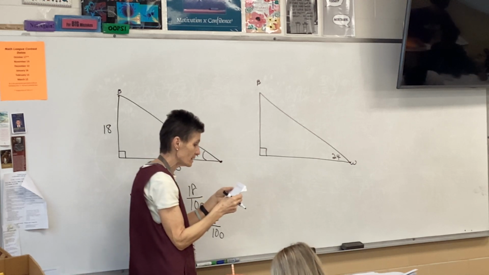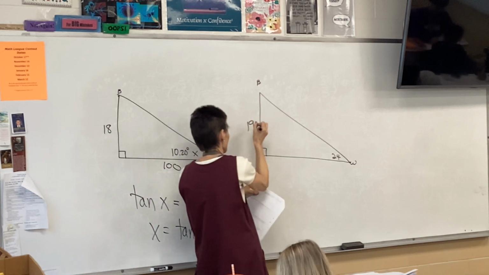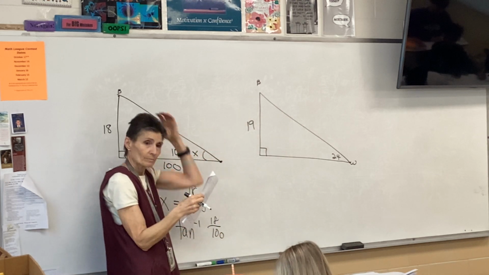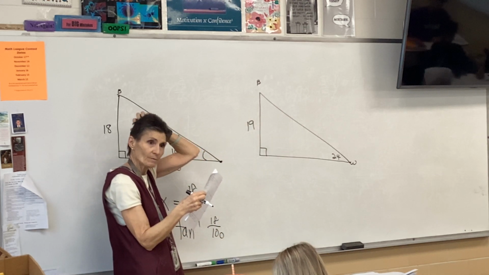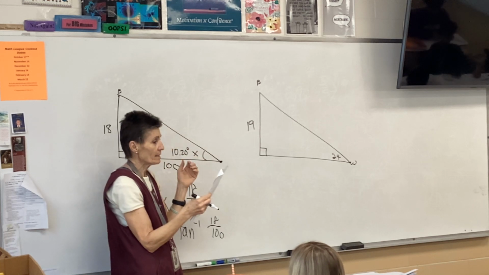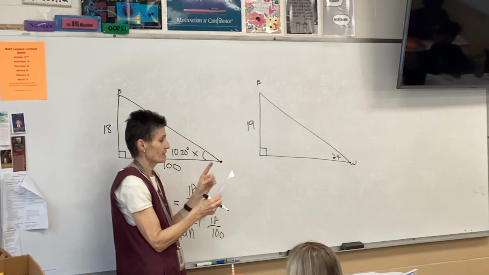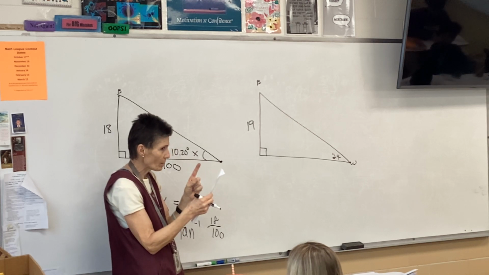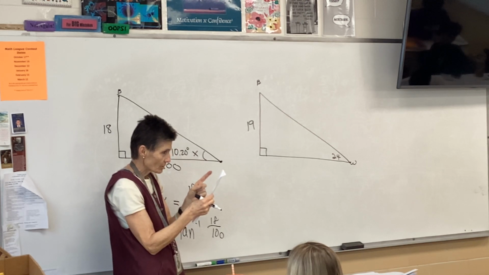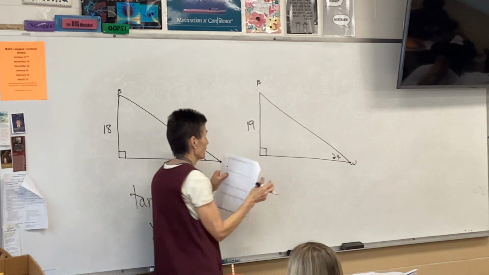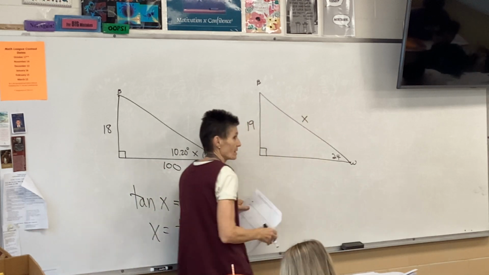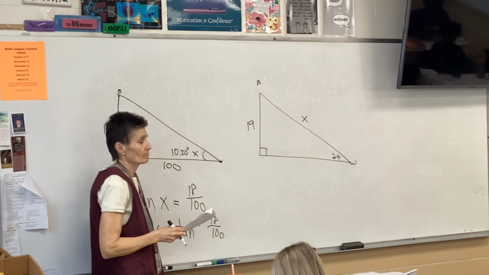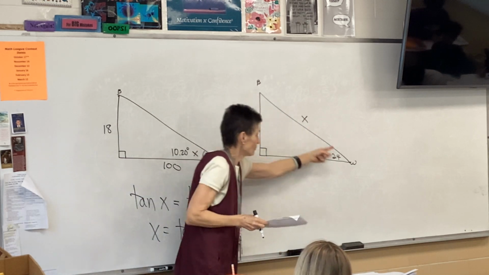The tree is 19 feet tall. Are my numbers making sense to you? Yep. Now I need an X. Find the distance from the worm to the bird. So where does the X go? Up by the nose. It's on the hypotenuse. Worm to bird.